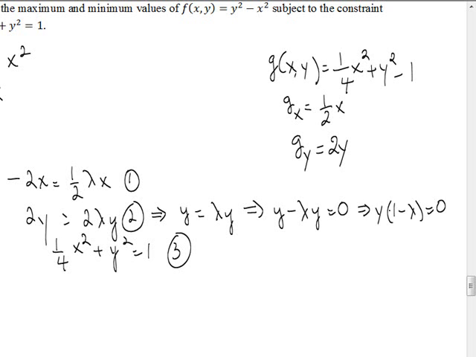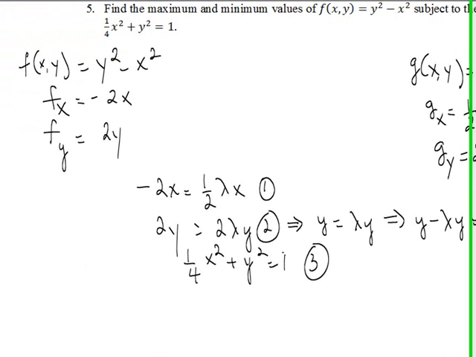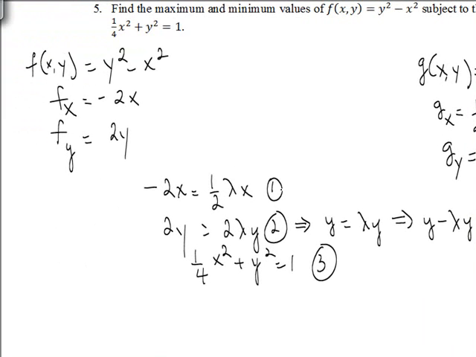What does that mean? Y is 0 or lambda is 1. Okay. Now let's go into 1 now. I don't think I'll have space for 1 there. So, let me shift it to the right and then I'll have some more space.